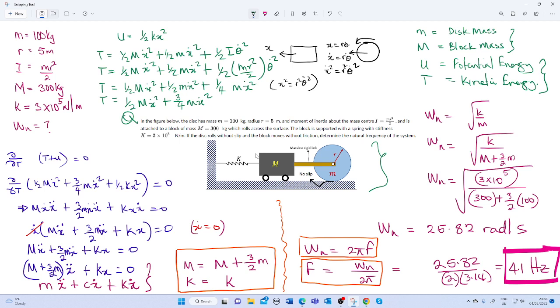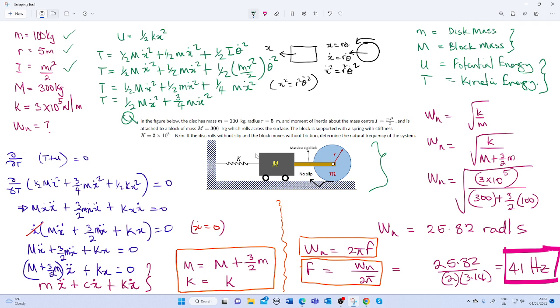Now, how do we approach this particular dynamics problem? First of all, by pulling out all the parameters, we have m, the mass of the disk rotating without slipping, which is 100 kg. We have r, the radius of the disk, which is 5 meters. We have I, the moment of inertia of the disk system, which is mr squared over 2.